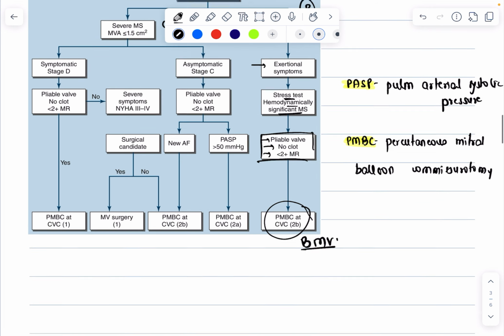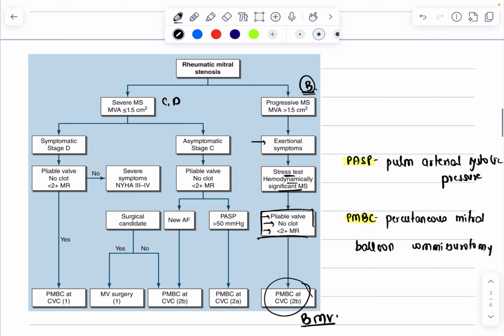For this we also do a score known as the Wilkins score, which should be less than or equal to 8. This is commonly asked in the viva, so learn this from your textbook.